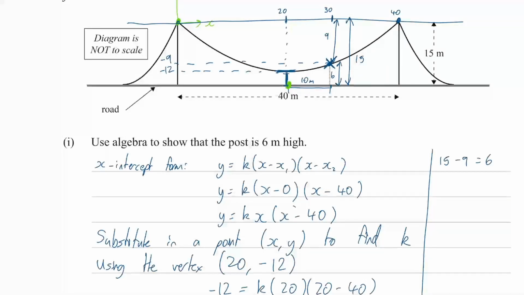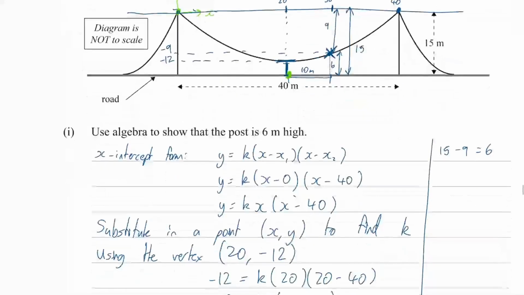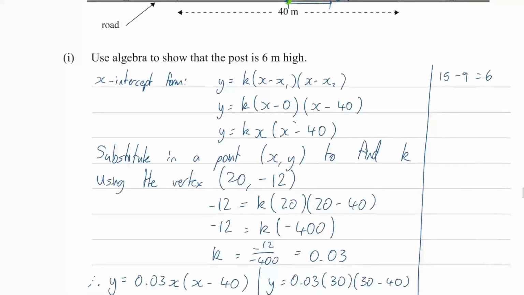Now putting that into words, we'd say the bridge has a height of 15 meters. We subtract the distance from the top of the bridge to the cable, which is 9 meters, which leaves us 6 meters distance between the cable and the road. I'll let you put that into a sentence because I ran out of room.